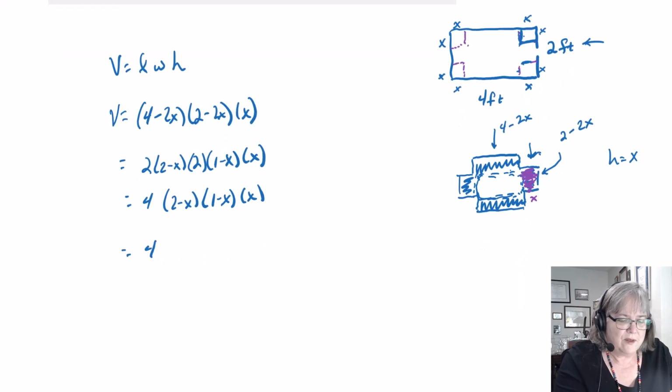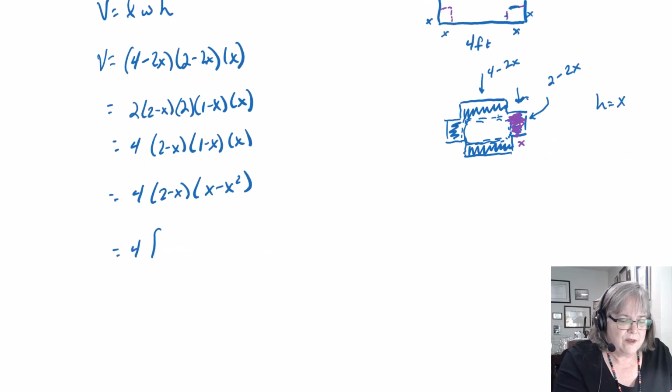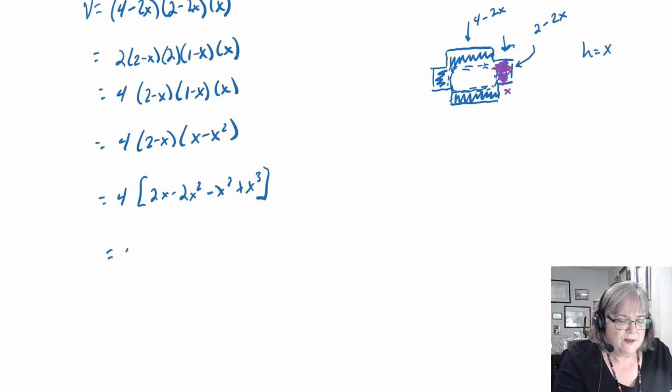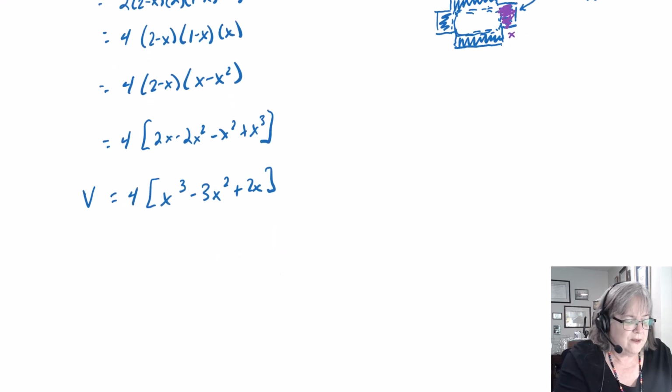So this is 4 times (2 minus 3x plus x squared) times x, which is 4 times (2x minus 3x squared plus x cubed). I want mine to look a little bit better, and I'm going to take the derivative of it, so I want it to be as clean as possible. That makes taking the derivative a little easier.